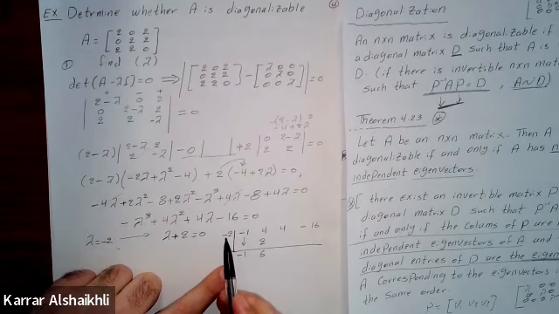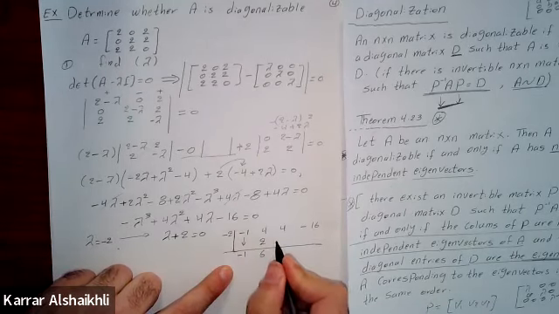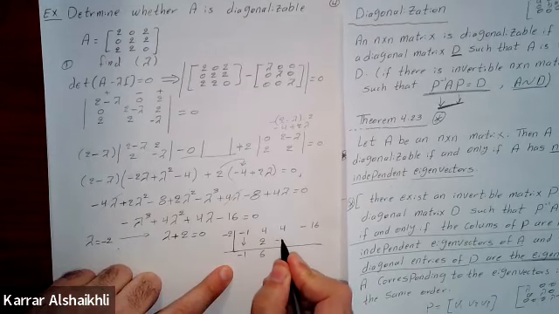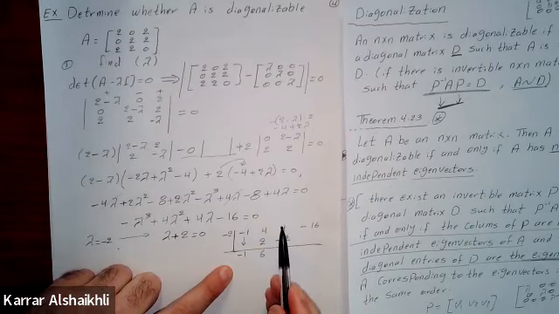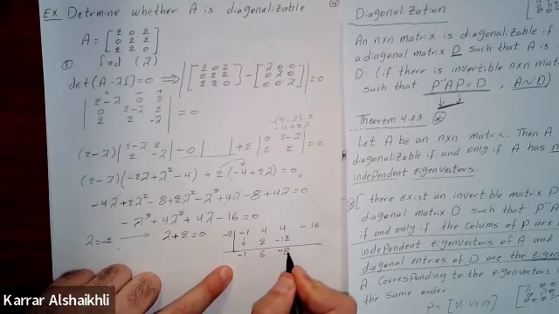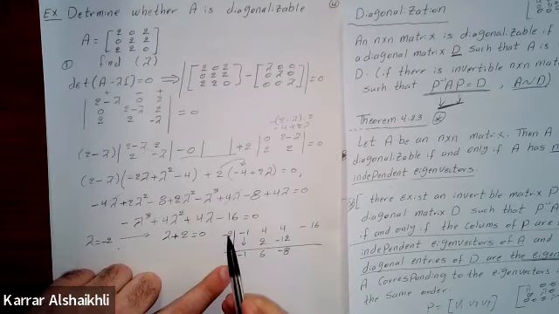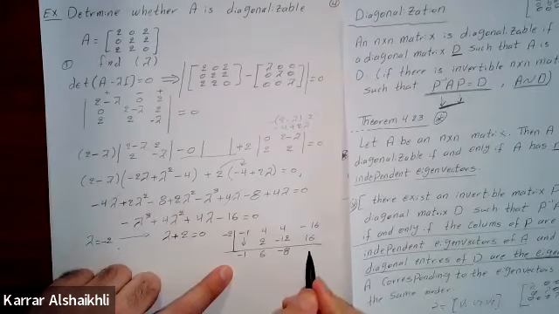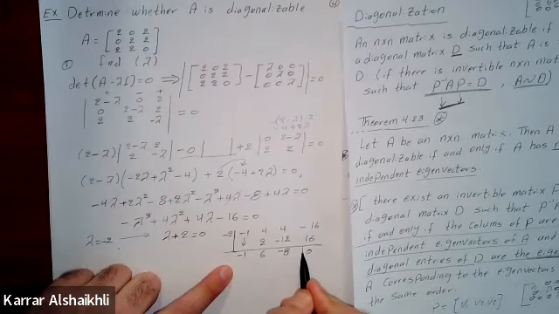Go back again. -2 times 6 is going to be -12. Add these two numbers. 4 plus -12 is going to be -8. Now -2 times -8 is 16, add these two numbers, and it's going to be 0.